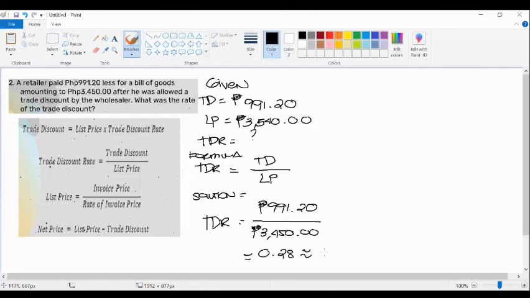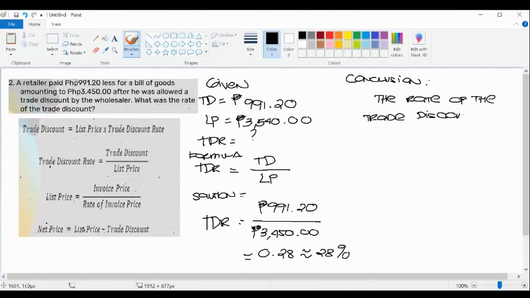Converting this to percent, that is 28%. Therefore, the rate of the trade discount is 28%.